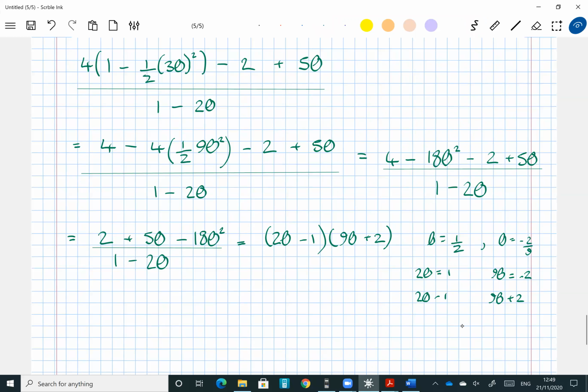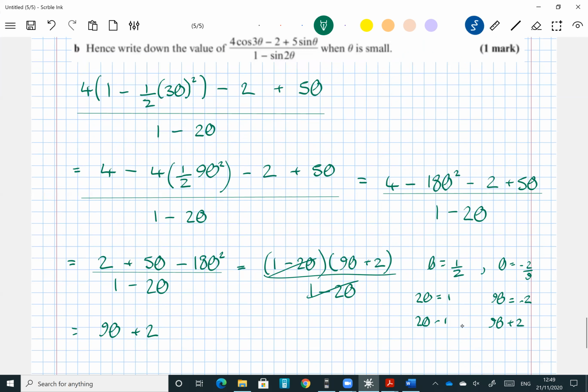However, notice that this doesn't give me negative 18 theta squared. So I'm going to have to do something to make one of the answers negative. Well, that's nice and easy. I could just make the first factor negative, so change it to 1 minus 2 theta to give me the one I need. Over 1 minus 2 theta. That divided by itself equals 1, to give 9 theta plus 2 as required.